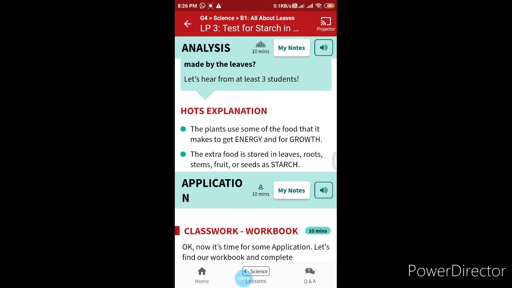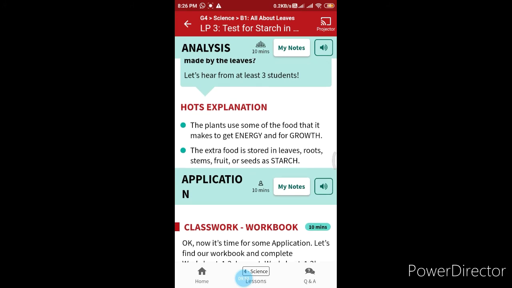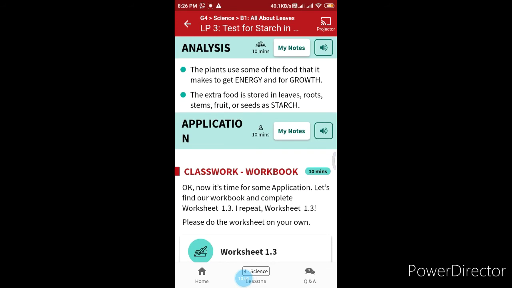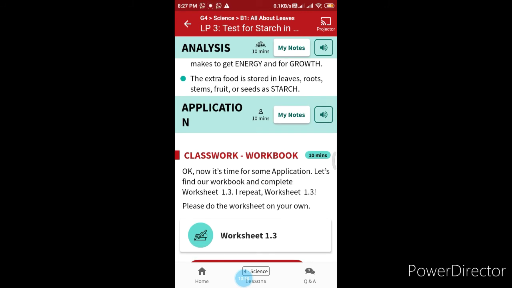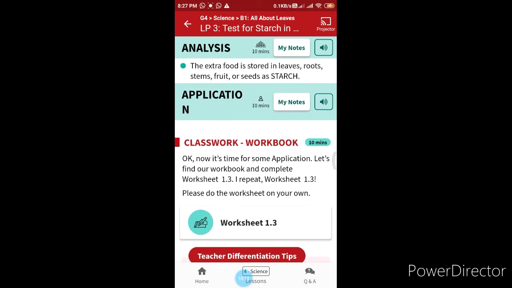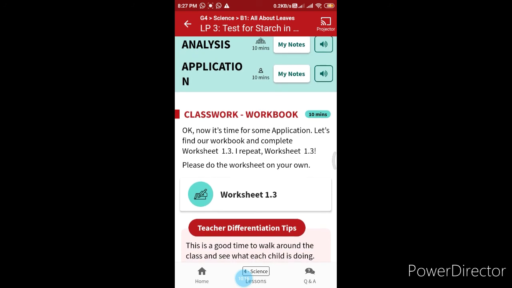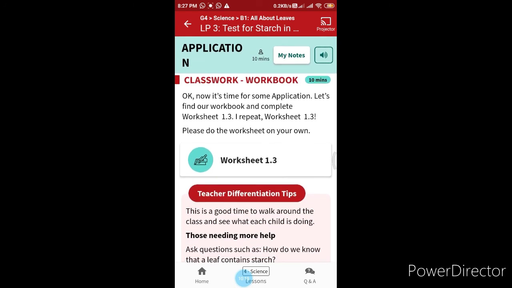And the next one, what happens to the starch which is prepared by the leaves? Actually, the plants use some of the food for their growth and to get energy. The extra food they store in the form of starch, either in the stem or in the seed or in the leaves.